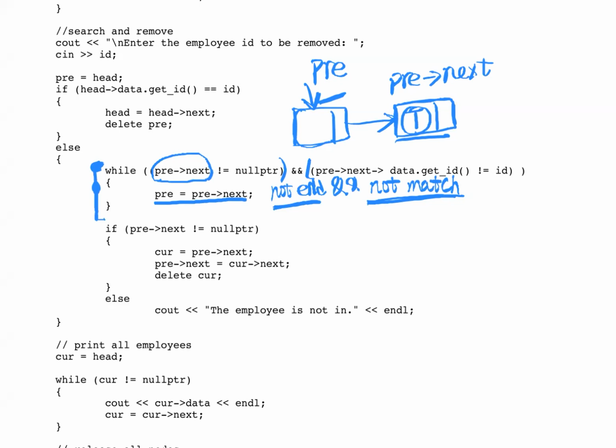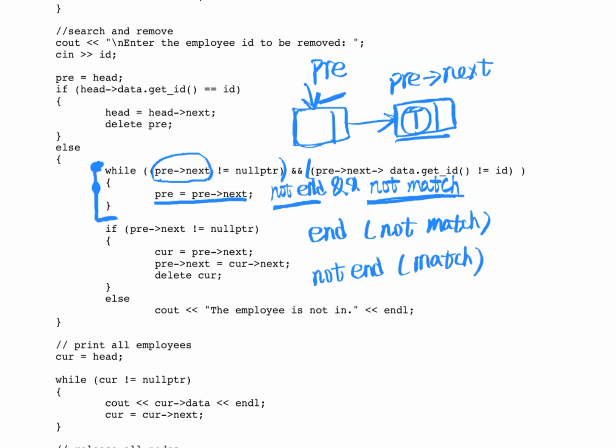So if we exit the while loop, either we're at the end of the link structure, which means we don't find the matched employee, or we're not at the end of the link structure, and it means we find the matched employee.